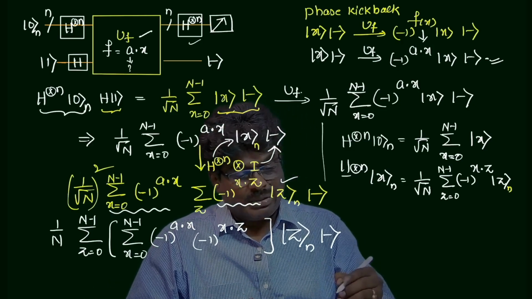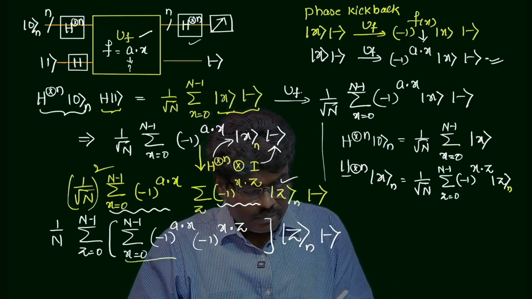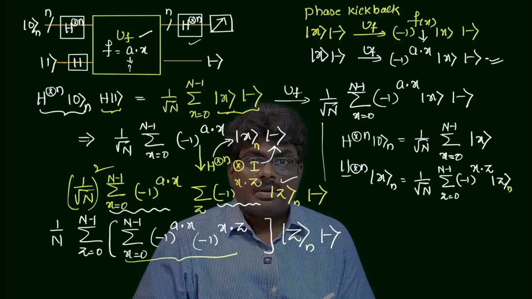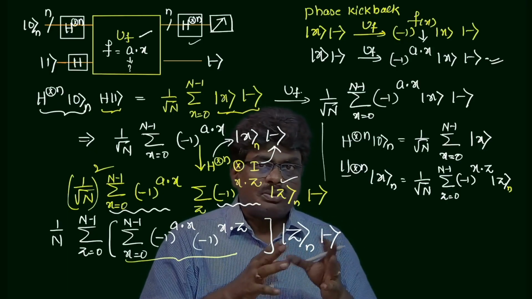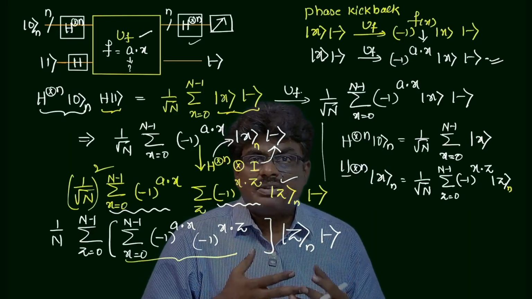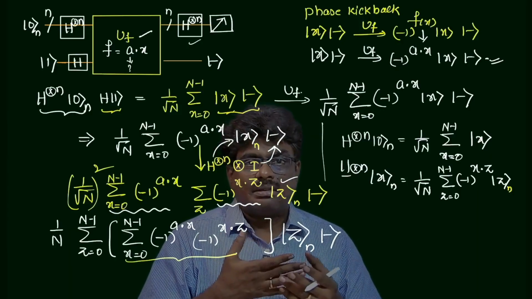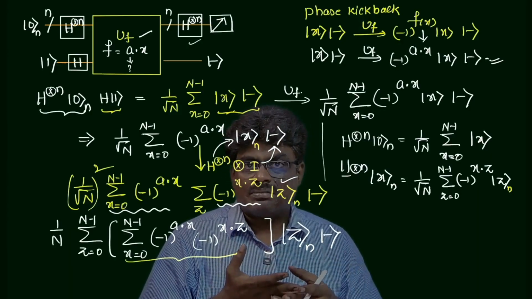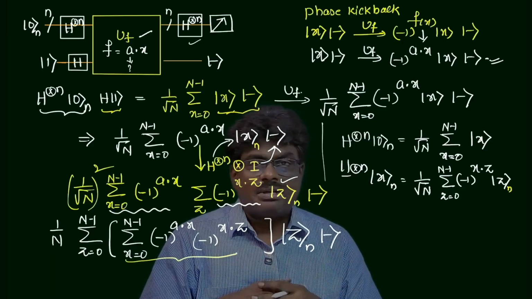Now carefully observe this one. For example, I told you already our output should be equal to a. So now if I take z equal to a, then the probability of finding z equal to a should be 1. If I get probability 1, the output z is equal to a, otherwise it is not equal to a.